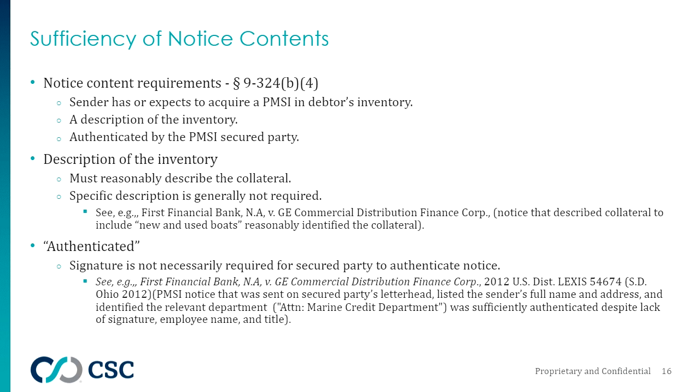So a specific description isn't necessarily required. It sometimes isn't a bad idea, depending on what you are providing. Some secured parties will put all goods acquired as inventory from XYZ party, the secured party, that type of thing.